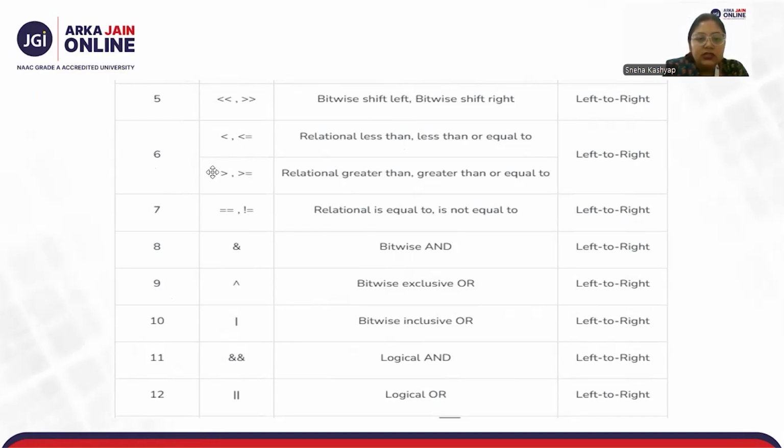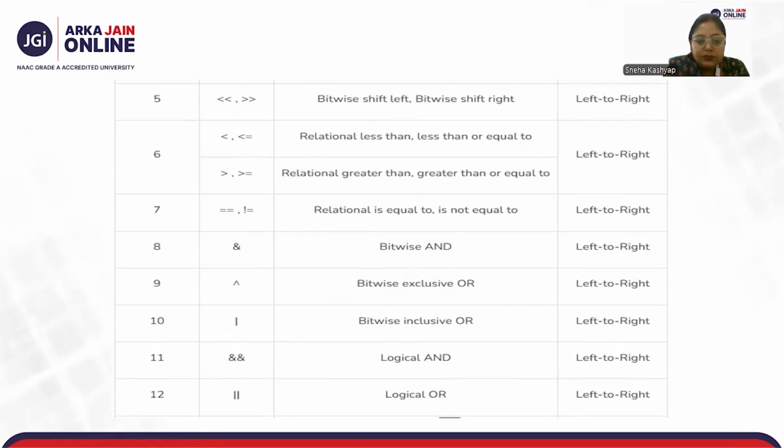Similarly, relational greater than and greater than or equal to both have the precedence of 6 and they have the associativity from left to right. Next is relational equal to and not equal to.